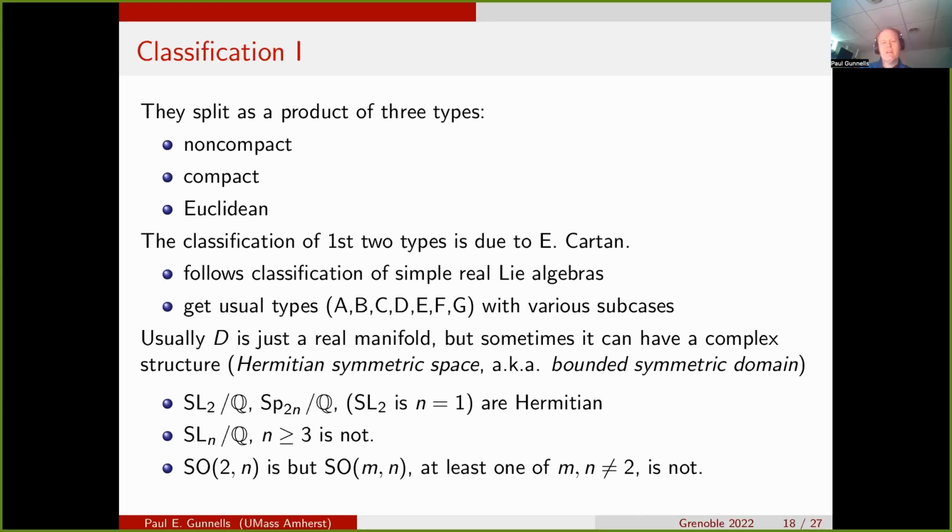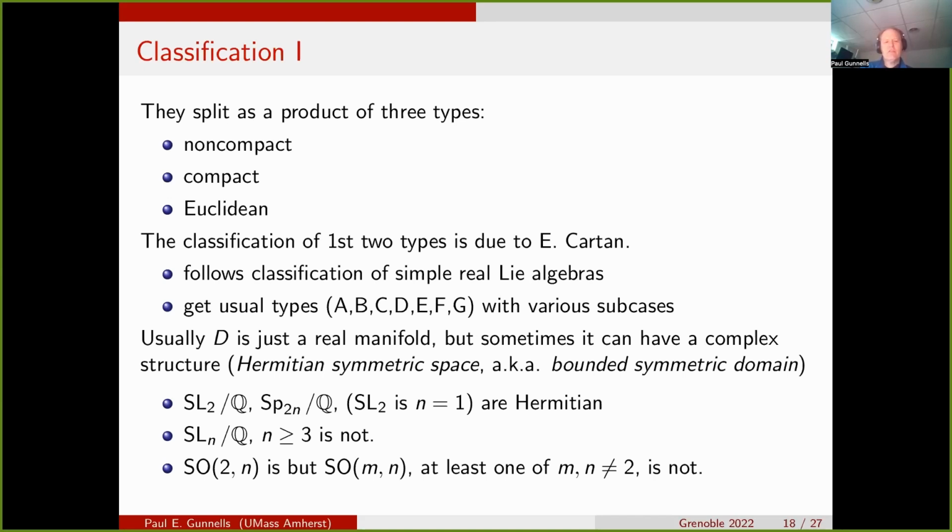You just have to look at the various data coming in the classification. So for example, SL2 and Sp_2n are, but SL_n is not when n is bigger than or equal to 3. For example, for SL3, this global symmetric space is 5-dimensional, 5 real dimensions, so it can't possibly be a complex manifold. And this classification into Hermitian and non-Hermitian can seem kind of random.